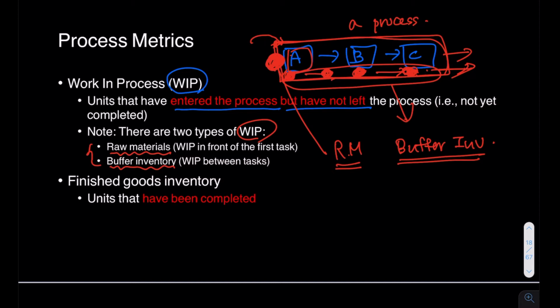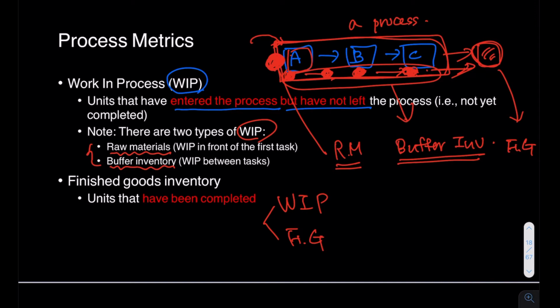And the last type is when these materials are finally transformed into finished goods, final products. In summary, there are three different types of materials in a process. First, there is working process, and second, there is finished goods.